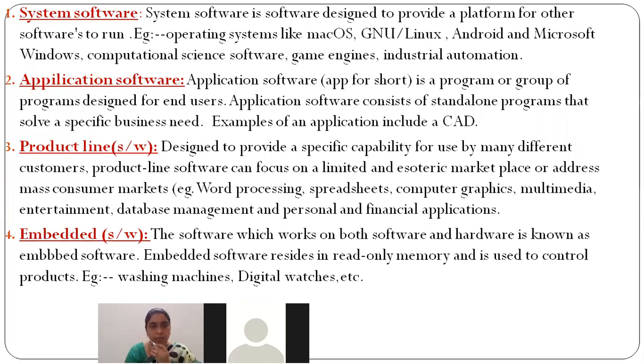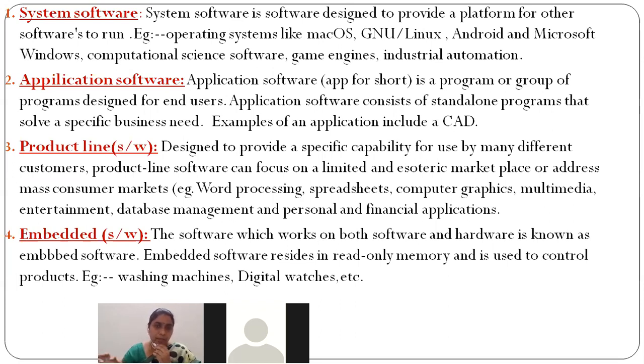And on the other hand, if you are using any word processing or any schooling software, for suppose most of the classes are done online now. Byju's is a famous app for most of the kids now. So most of the people will be using that software. What we mean to say here is the product line software might be used by a limited group of people, or by a large group of people.